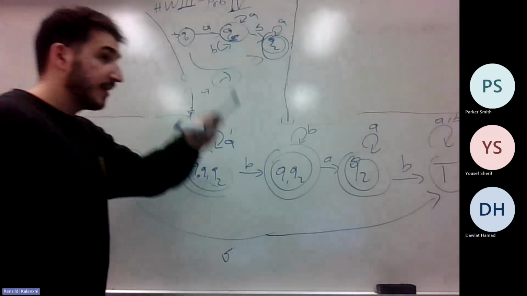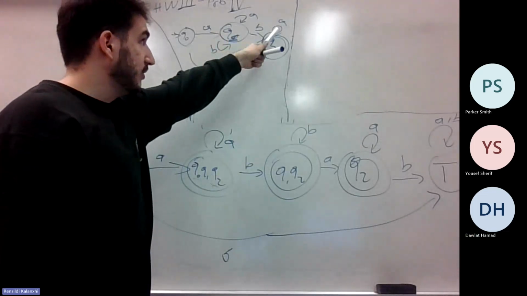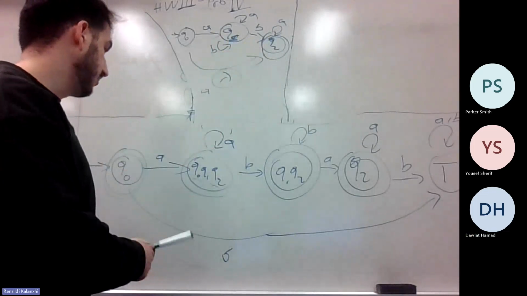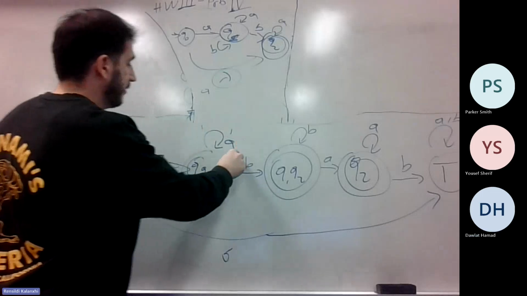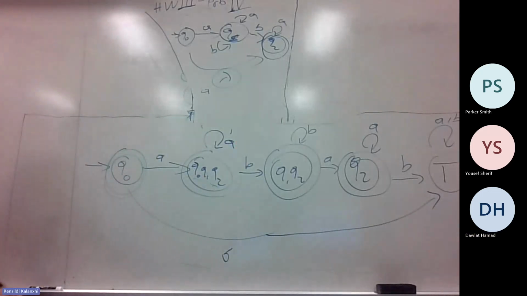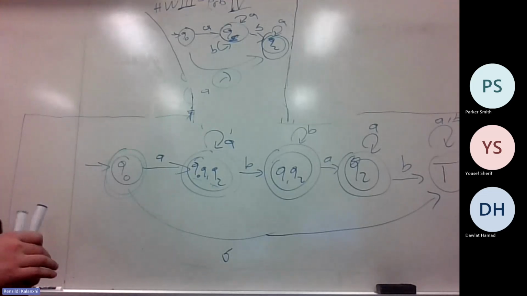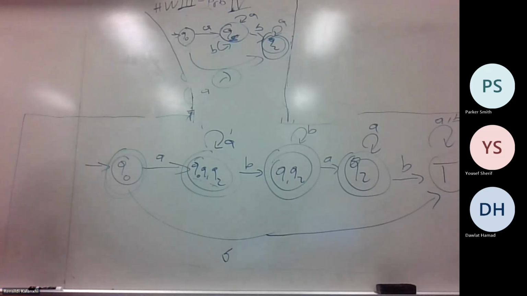But if you still want to continue with doing A's, as many A's as you want, that'd be true too. So that's why I believe this is a final state. As far as I'm trying to figure out.